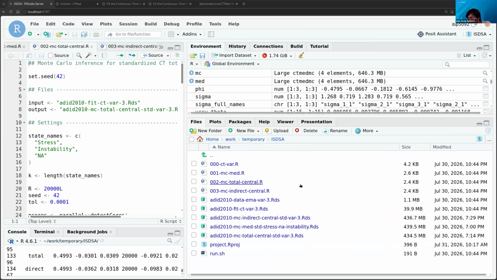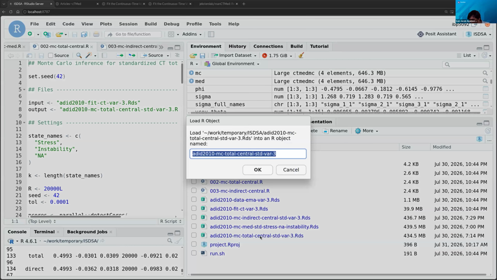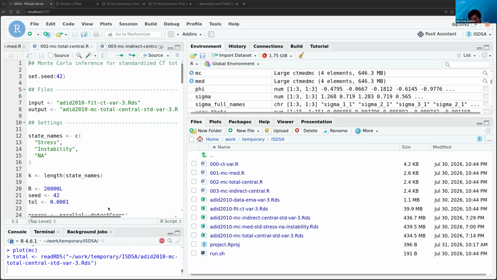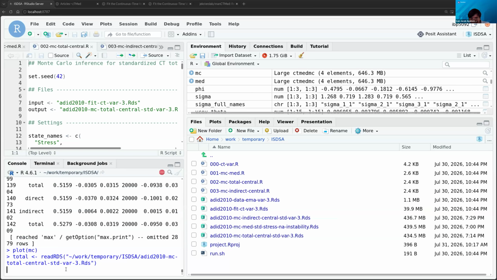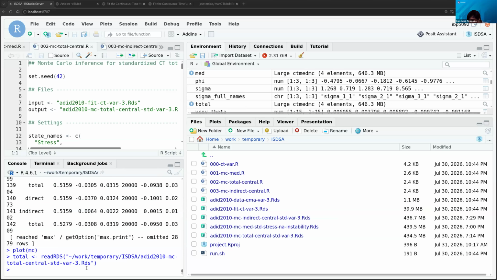Okay, so let me just read in the total effect centrality results. Okay, and then plot that.